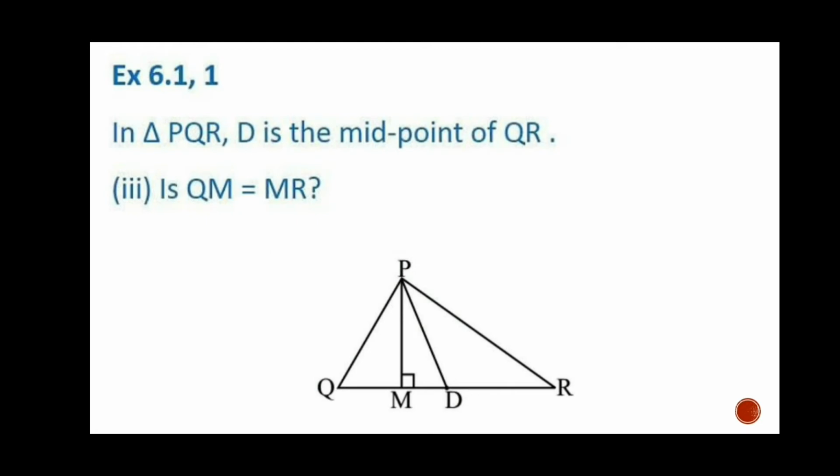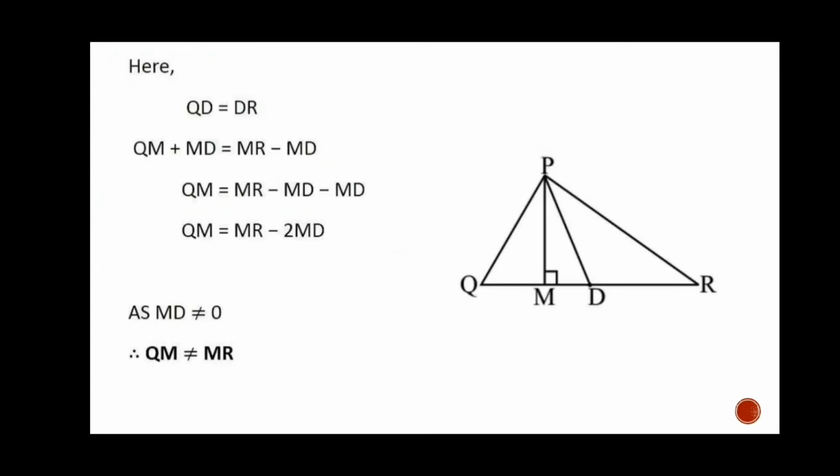Now the third part of the question asks, is QM equal to MR? We know here QD is equal to DR because D is the midpoint of QR.